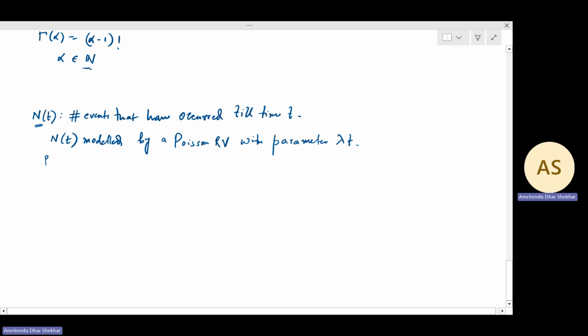That is, the probability of NT equal to n is equal to e to the power minus lambda t, lambda t to the power n by n factorial.